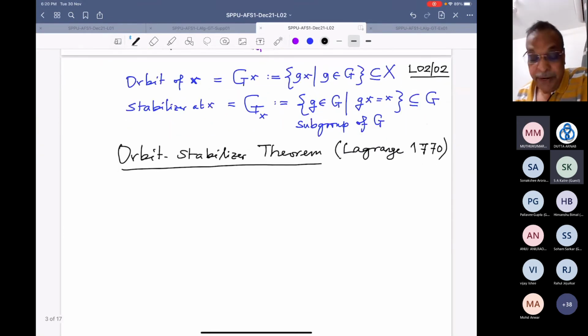So what does it say? It says that the cardinality of the orbit equals the index of the stabilizer.